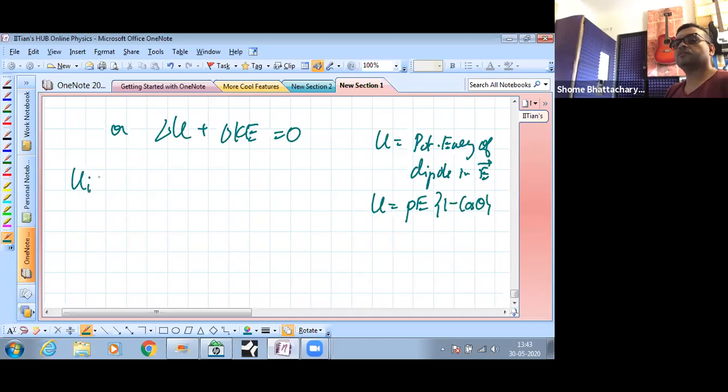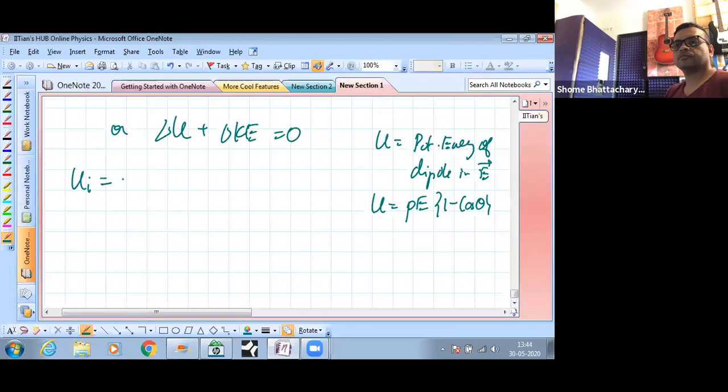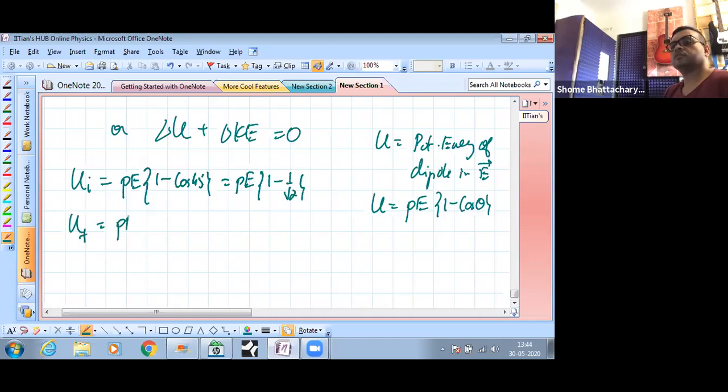Okay. So our initial potential energy was PE into 1 minus cos 45, whereas our final potential energy is at theta equal to 0. The kinetic energy is maximum.